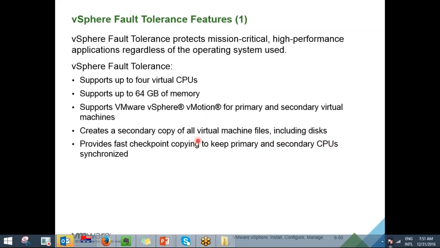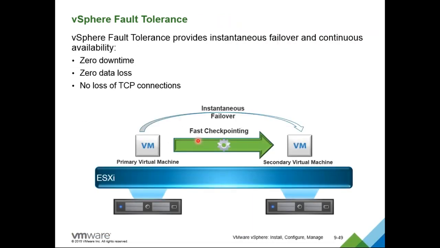It means whenever you enable fault tolerance, the virtual machines you protected will create a secondary virtual machine copy on your destination ESXi host. At the same time, you can perform vMotion tasks between these two ESXi hosts for the primary and secondary virtual machines.